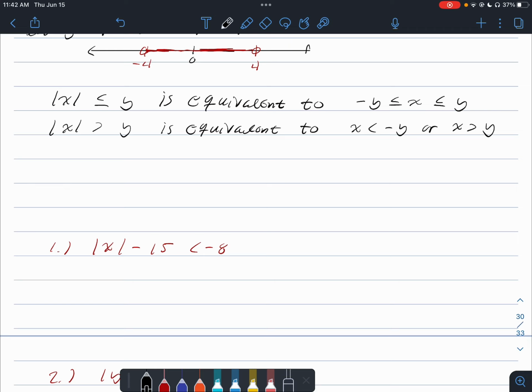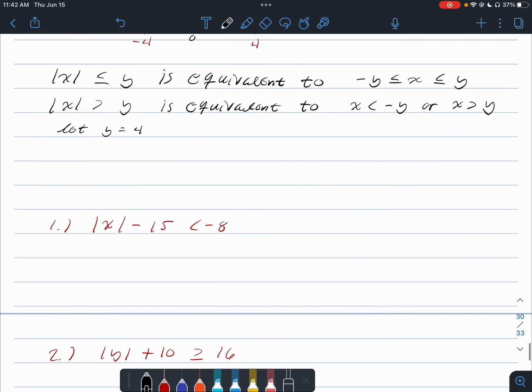And again, for the intuition, let's say y is 4 again. Then we have all values of x that are strictly greater than 4 in distance. So we're looking for all values of x whose distance is greater than 4 from 0. Let's do this on the number line to show the intuition here.